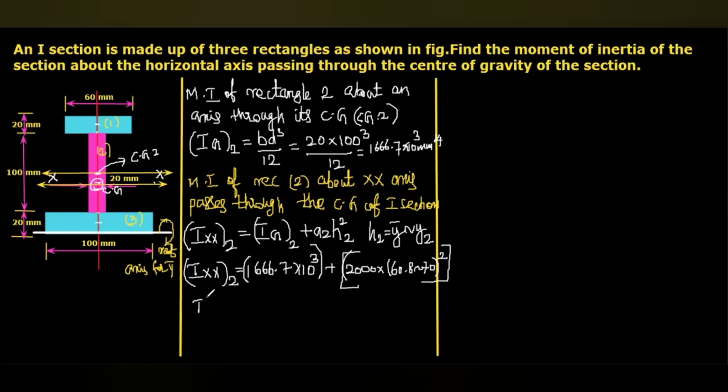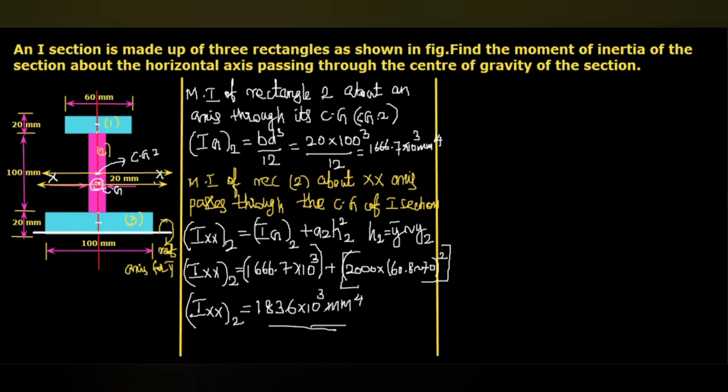Then by simplification, IXX2, the moment of inertia of rectangle 2 about the XX axis passing through the center of gravity of the whole section, is 1836 multiplied with 10 power 3 mm power 4. Okay, so this also we calculated.